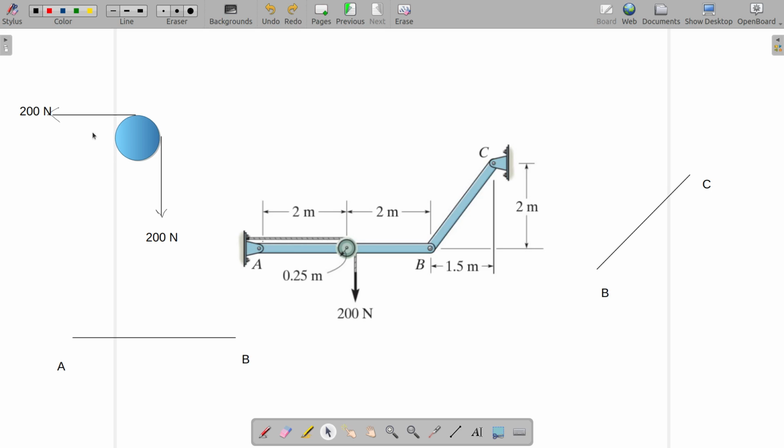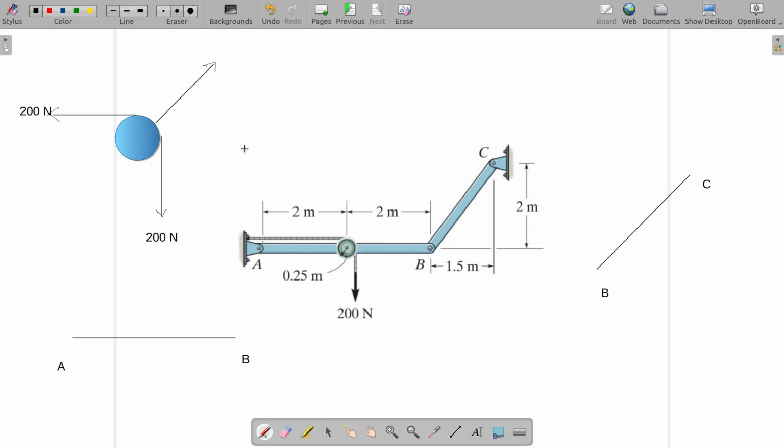That is quite easy here, because each of the members AB, BC and the pulley should be in equilibrium separately. So the force by the bar on the pulley should make sure that the net force on the pulley is 0.